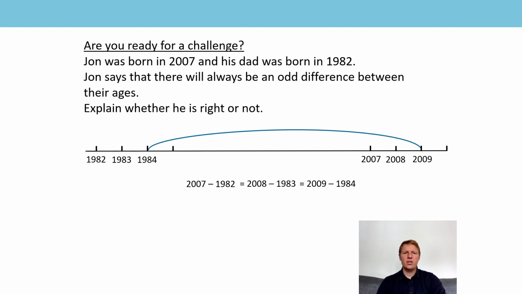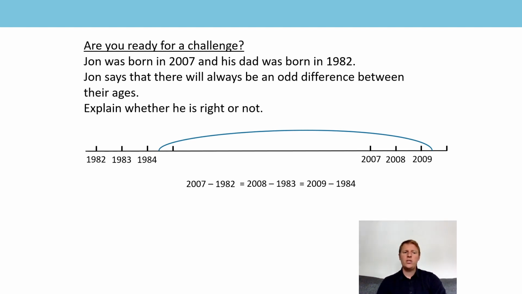Let me show you something. If we move on to partway through the year, maybe to July, it could be that John's dad has had his birthday, but John hasn't had his birthday. So it might be that John's dad's age has increased by 1, but John's age hasn't. But the difference between the ages is still the same because that's moved up our number line.